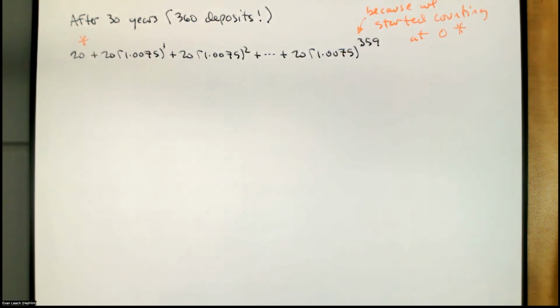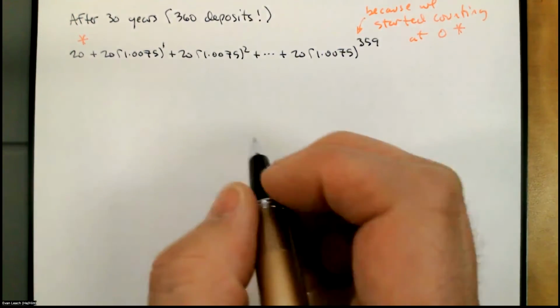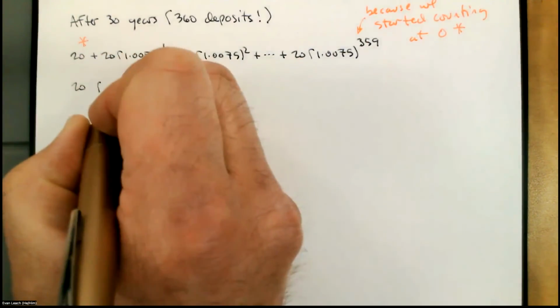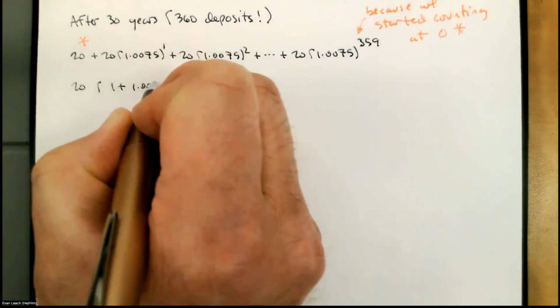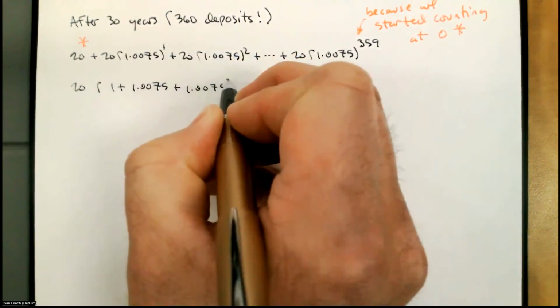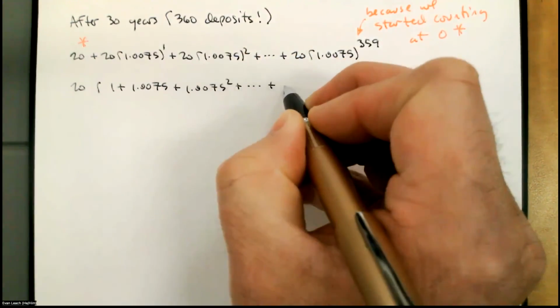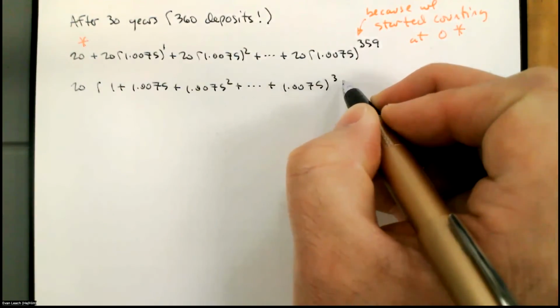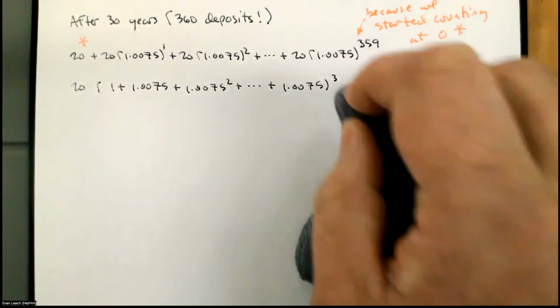But fortunately for our heroes, we just worked out a summary for polynomials. First of all, I'm going to factor out the 20, and that's going to leave behind a 1 plus 1.0075 plus 1.0075 squared, all the way up to 1.0075 to the 359.